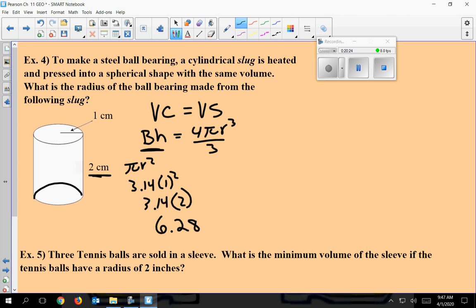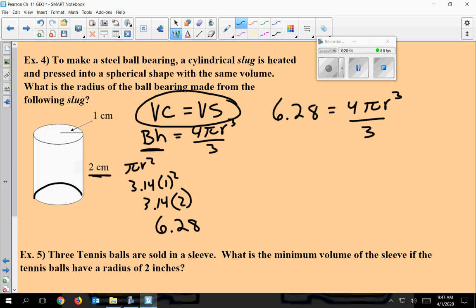Okay, so I'm going to take that 6.28, and if you go back to what I started with, the volumes are going to be the same because I'm using the same material. I'm just going to reshape it, and that's going to equal 4 pi r to the third over 3. Now I want to get rid of the fraction, so I'm going to multiply both sides by 3.